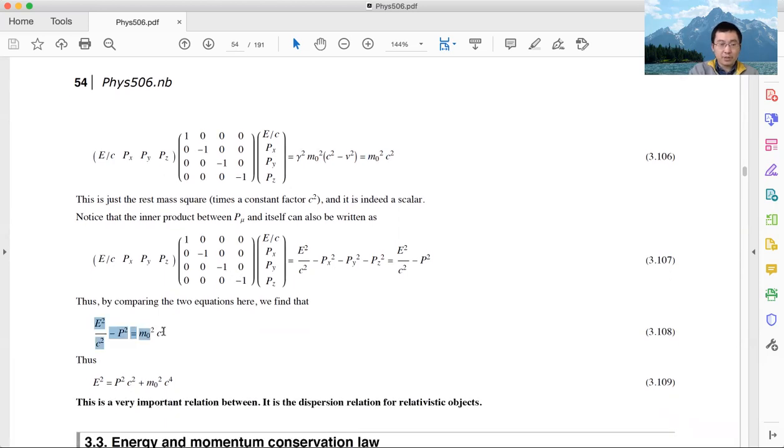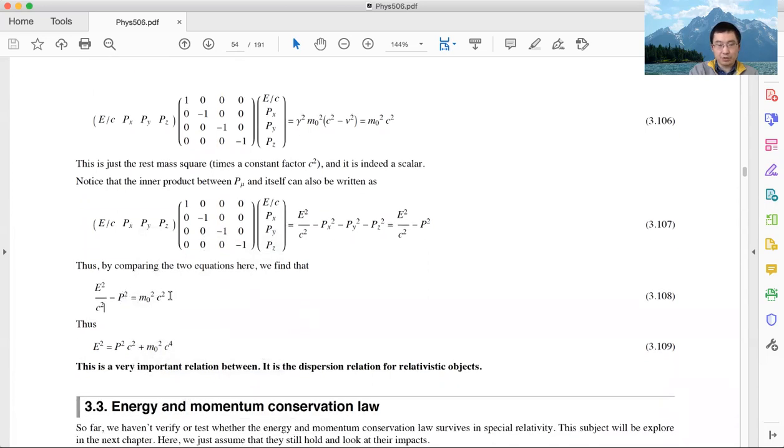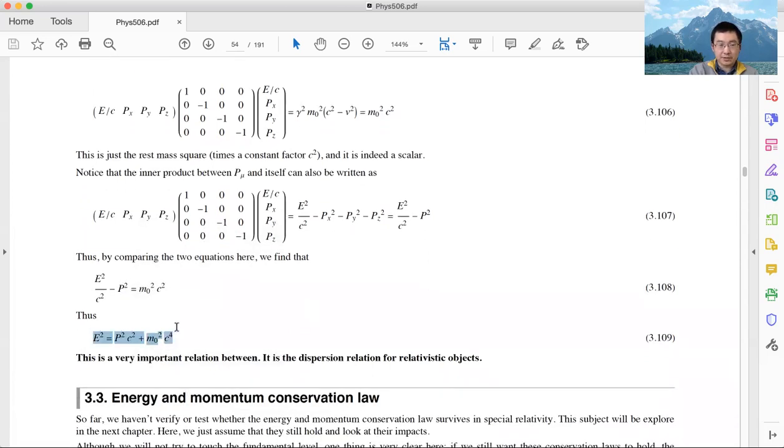From this formula, we can massage it a little bit: multiply c squared on both sides and move p squared to the other side. Now we get this. Energy of a system squared equals momentum squared times speed of light squared plus rest mass squared times speed of light to the fourth. This is a very important relation. This is called the dispersion relation for relativistic particles.